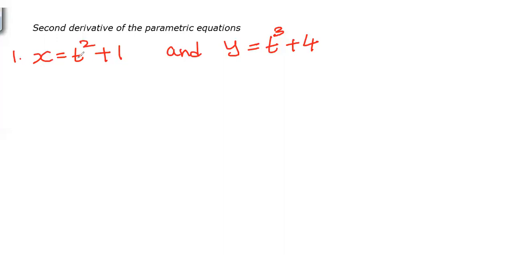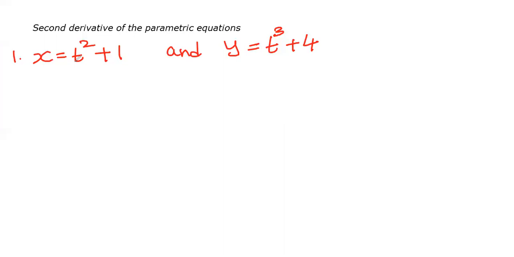So as I've already told you in the previous video, parametric equations is nothing but when two variables, for instance, x and y, that is commonly used in differentiation, is expressed with a common single parameter such as t. Then that is called parametric equations.